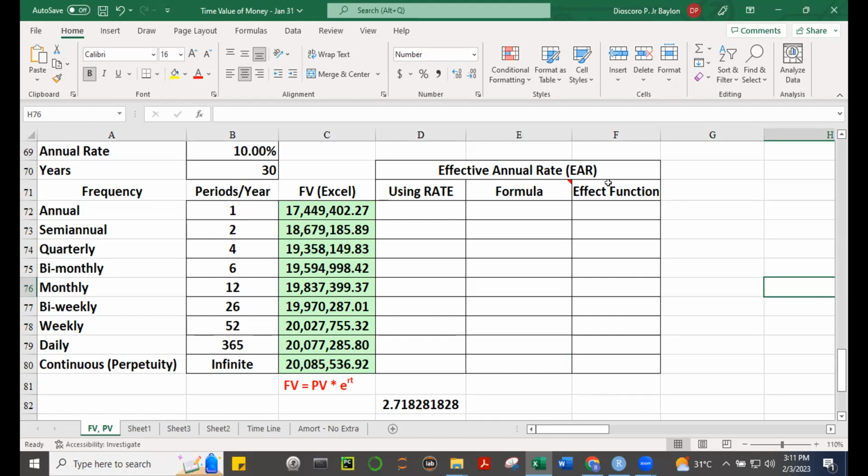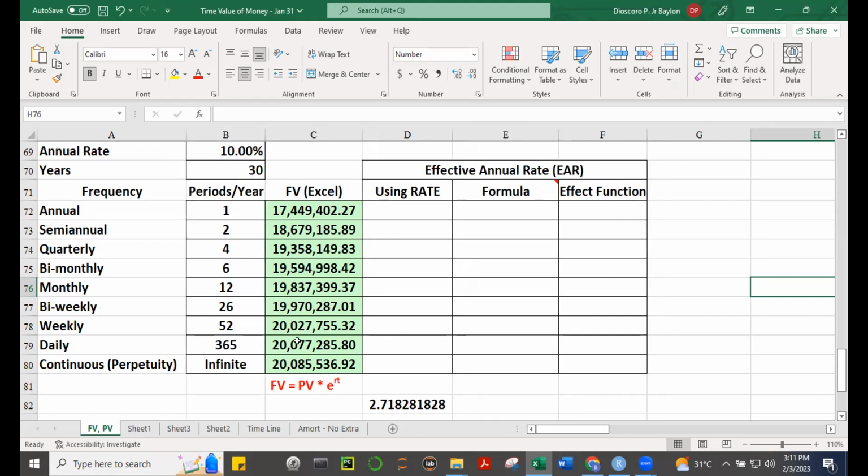Definitely. So the nominal rate is 10%. However, you have here different compoundings per year. And based on the future values, the future values of those with more than one compounding are greater than the one with just one compounding or annual compounding. Therefore, we can say that the effective rate of these other future values will be higher than the annual.